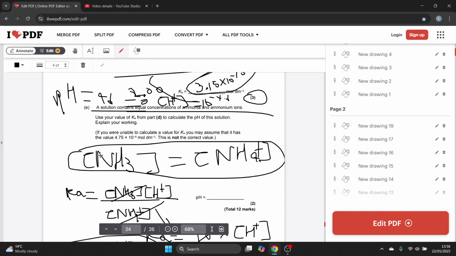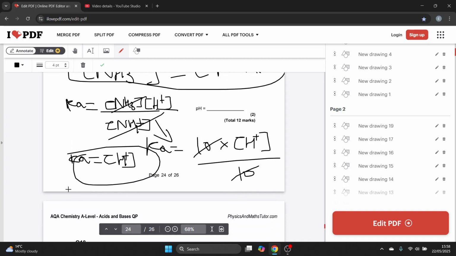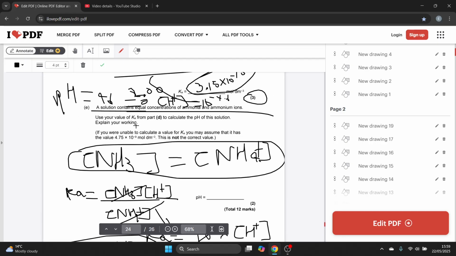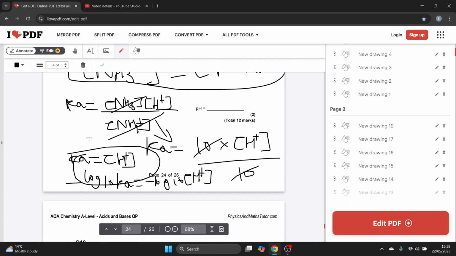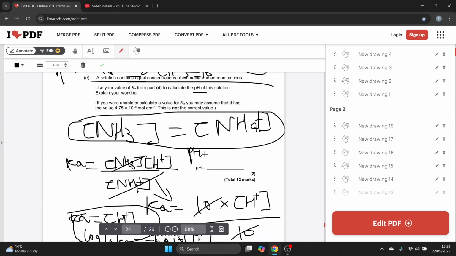Okay. So if Ka equals the concentration of H plus, minus log 10 of Ka equals minus log 10 of H plus. The reason I take the minus log 10 is because it asks me for the pH, and pH is minus log 10 of H plus.